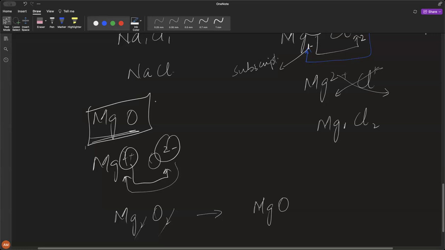Eligeen, how do we get to know? How do we get to know this is an ionic compound, MgO? It's simple, we have been studying this for so long. Sir, your voice is cutting out. How do we get to know that this is an ionic compound? MgO, how do you know, Hadia? How do you know that it is an ionic compound?